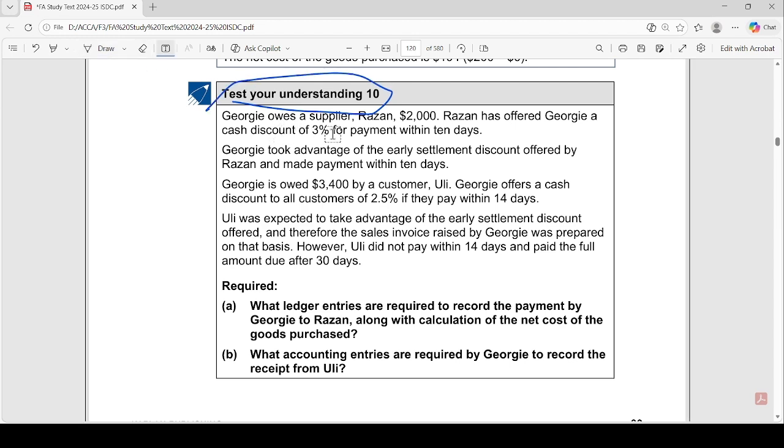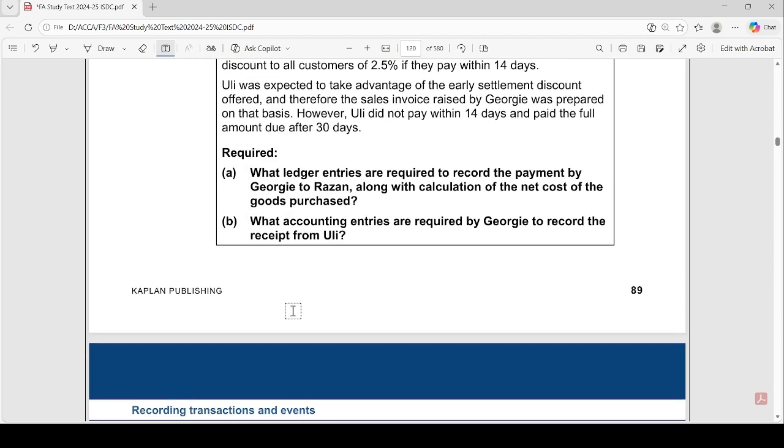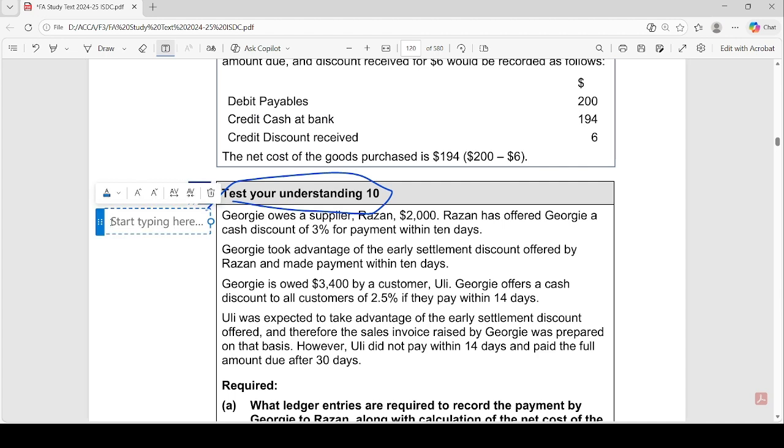Georgia owes a supplier Razan $2,000. Razan has offered Georgia a cash discount of 3% for payment within 10 days. What ledger entries are required to record the payment by Georgia to Razan, along with the calculation of the net cost of the goods purchased? Georgia took advantage of the early settlement discount offered by Razan and made payment within 10 days. A will be the buyer taking the discount, right?